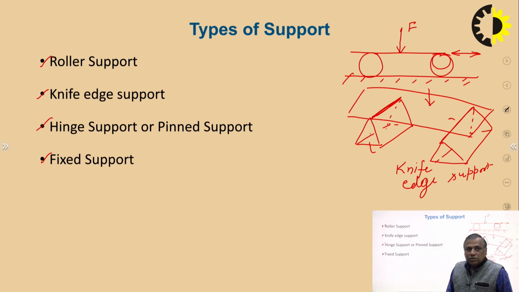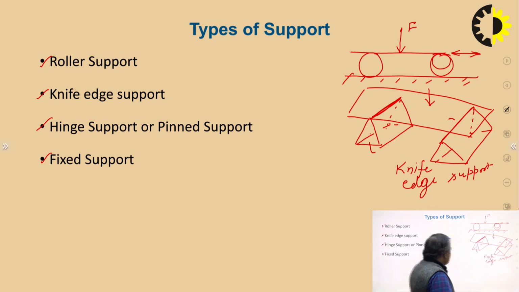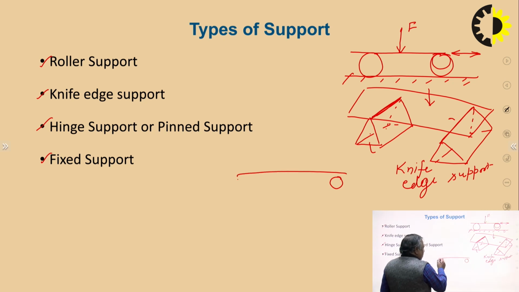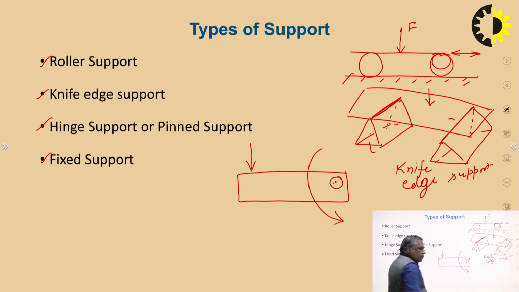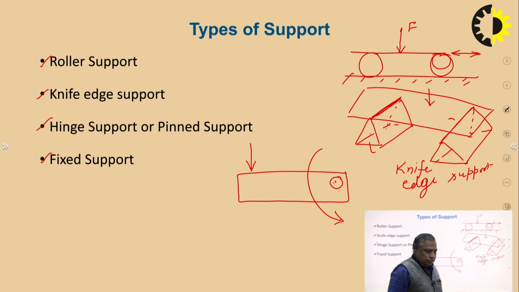Hinge. If this is a pin, and I apply some force here, it will not permit it to move down, but it will allow it to rotate. That is hinge support.